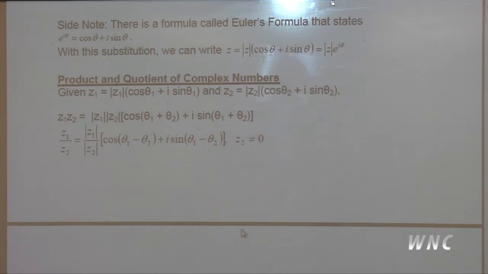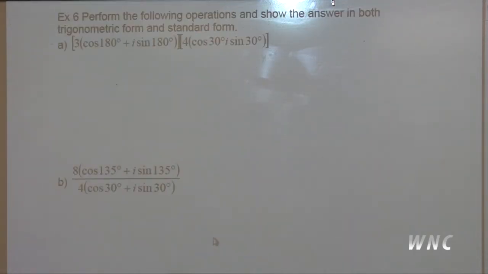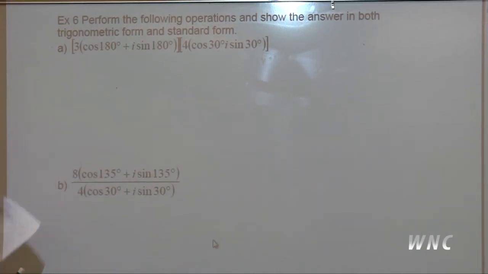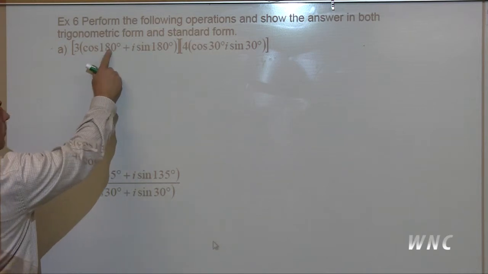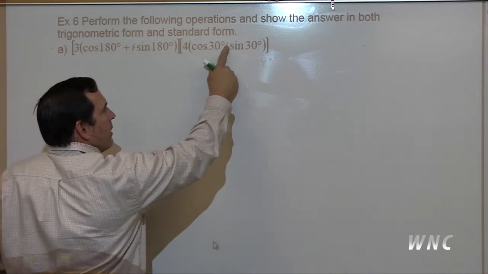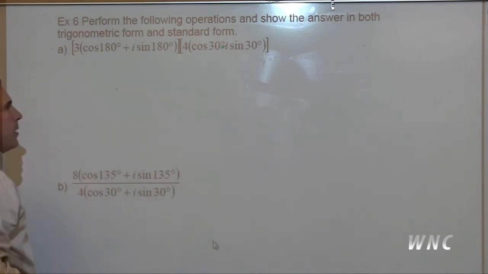Let's go on to example 6. Perform the following operations and show the answer in both trigonometric form and standard form. Okay, so our magnitude here is 3. We have 3 times cosine 180 degrees plus i sine 180, times 4 times cosine 30 plus i sine 30.